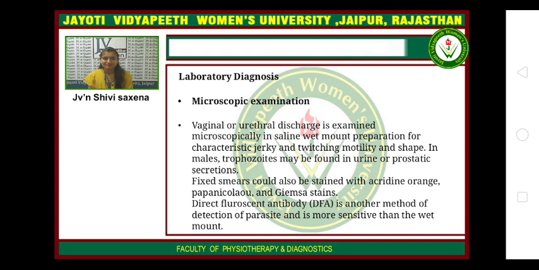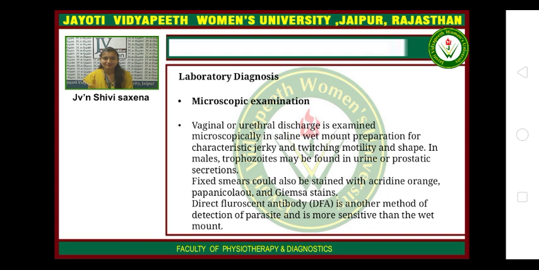In males, trophozoites may be found in urine or prostatic secretion, and fixed smears could also be stained with acridine orange and Papanicolaou and Giemsa stain. Direct fluorescent antibody is another method of detection of the parasite and is more sensitive than the wet mount.